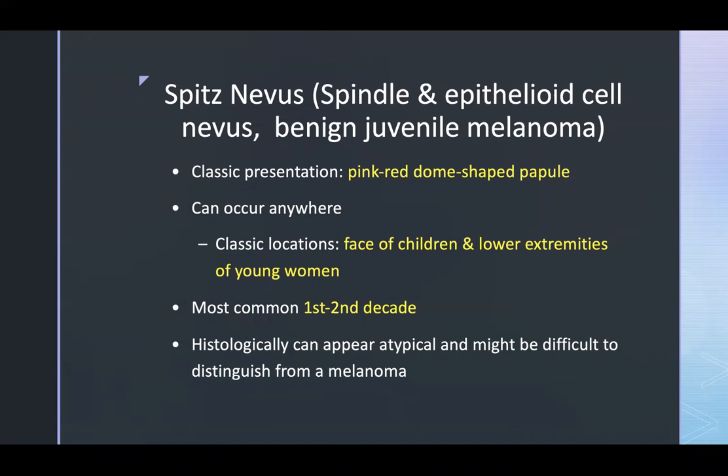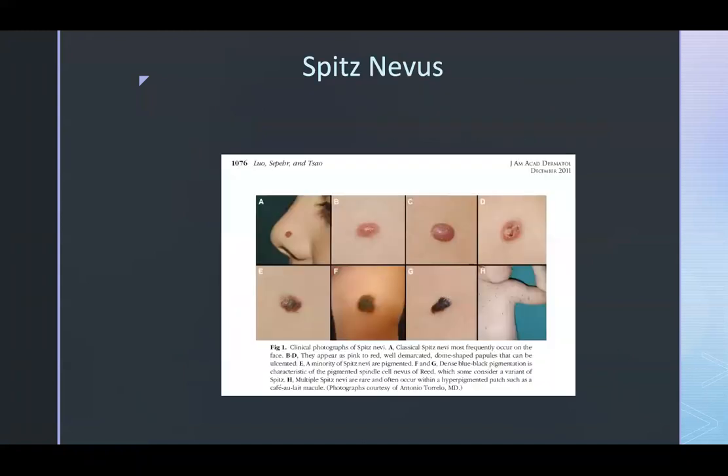Classically, the presentation is you have a pink to red dome-shaped papule. They can occur anywhere on the body of pediatric patients, but the classic locations are the face of children, as well as the lower extremities of young women. They most commonly occur in the 1st to 2nd decades. And histologically, they can appear atypical, and they might be difficult to distinguish from a melanoma.